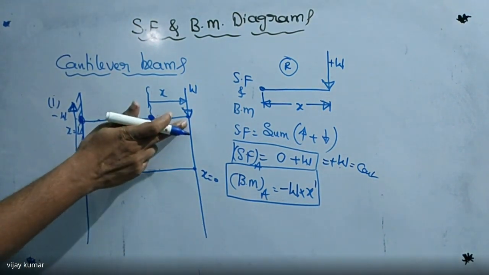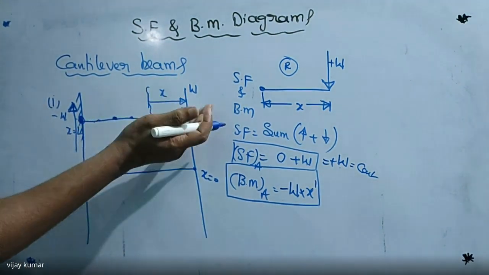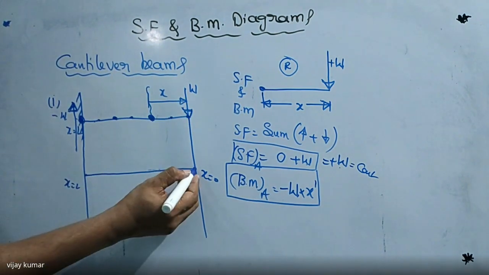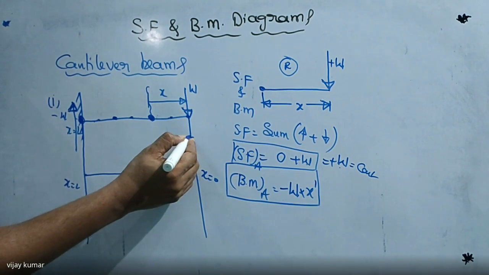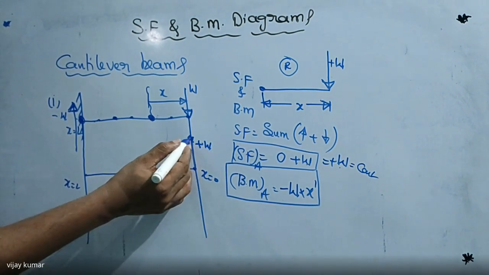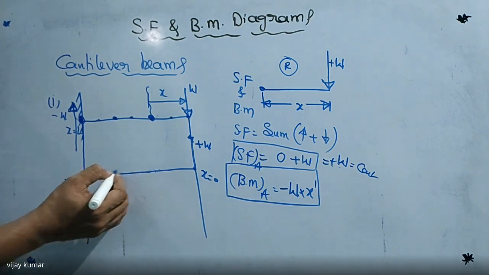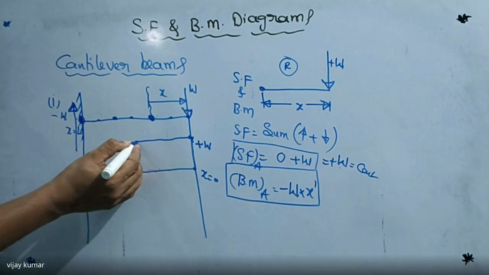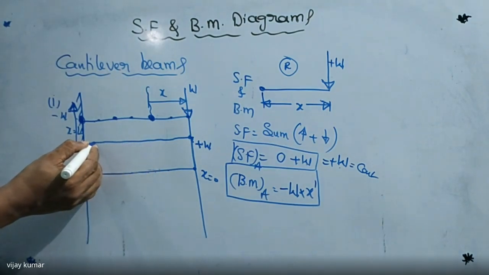W. It is positive because it is moving downward and I'm coming from right to left. Positive means I'm going to indicate it in the upward direction, up to this one. This is plus W. This value is constant, so I draw one line horizontally up to this one.